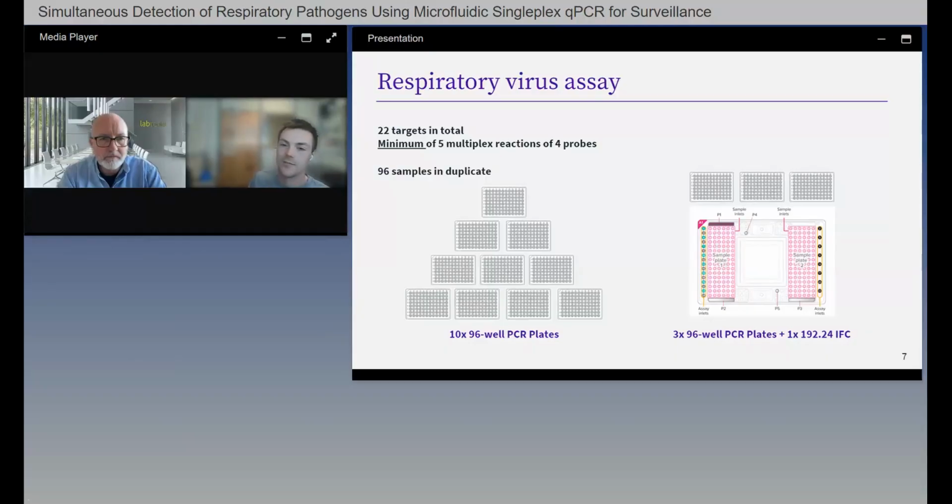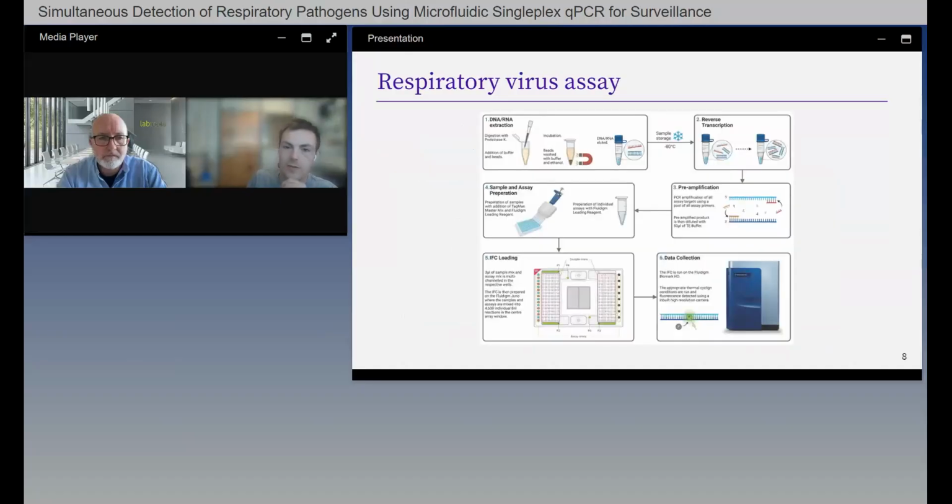So primer dimers form in between, say, an influenza set and an RSV set, which would have taken a lot of time to figure out if that happened, and could also result in false positives for either virus. So it just avoids that whole interaction. So I thought it was a good idea, and went about developing this, looking at how we could use this technology.